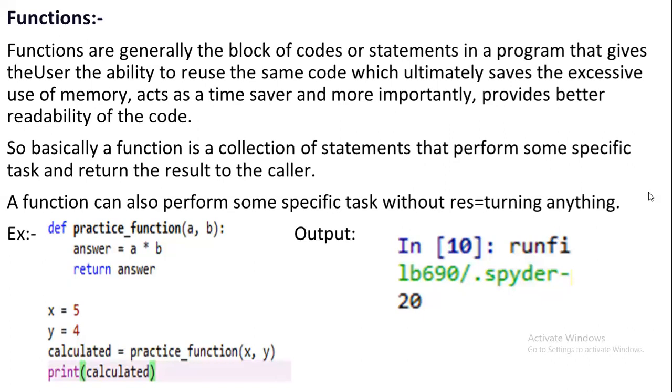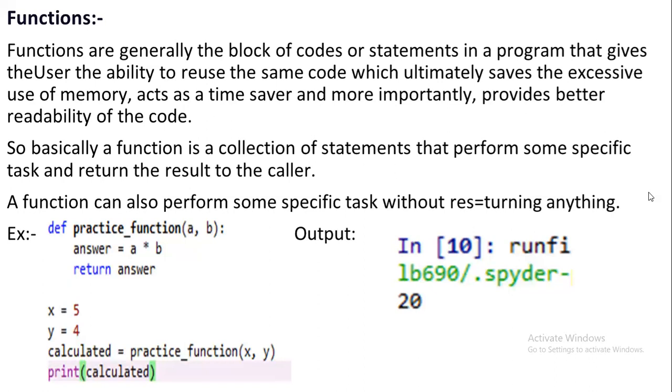So here it can take parameters, it can be without parameters, with one parameter, with multiple parameters. Fine. So it has two parameters and we have a variable answer. Answer is a variable, and here some formula is defined, A into B, and it is going to return answer. So this is known as the definition of a function.